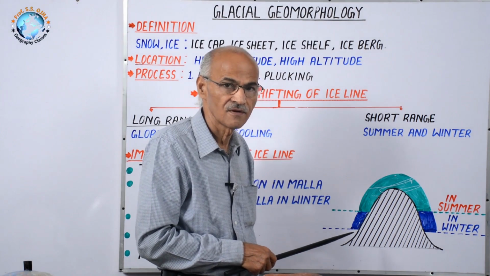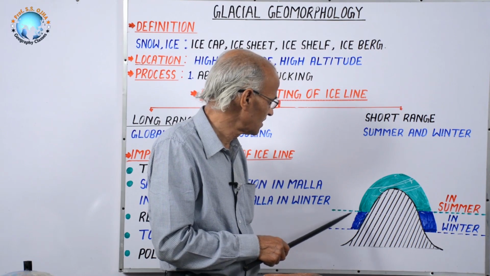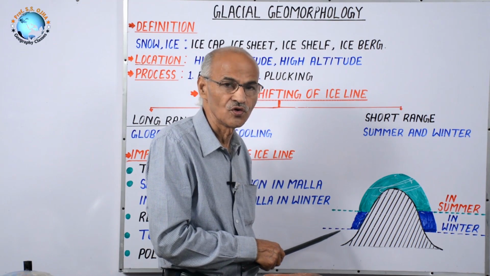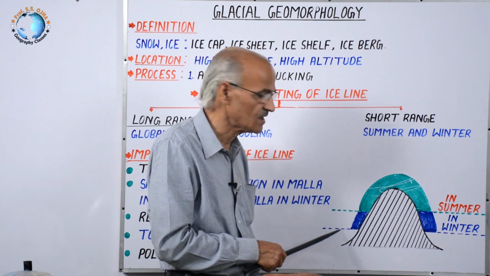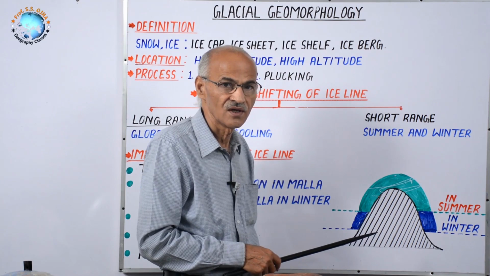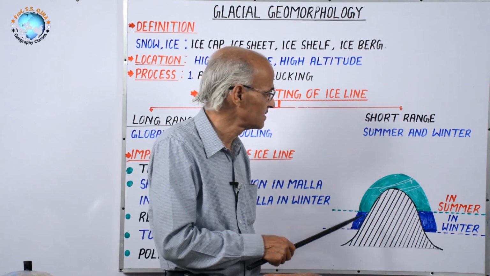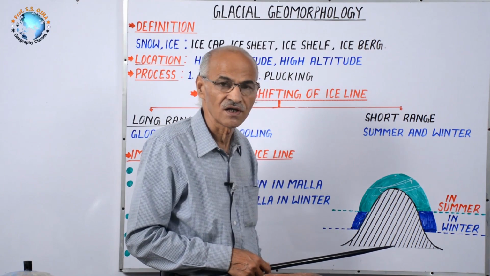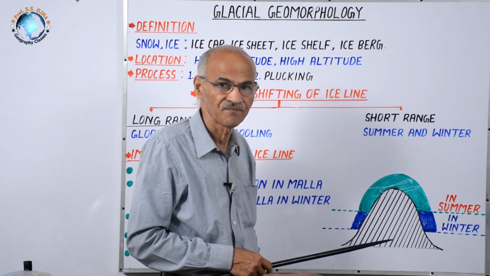But if here it is written December and there it is written June, reversed, then the question may be, which mountain is this? You may very comfortably answer that this should be a mountain of the Southern Hemisphere.